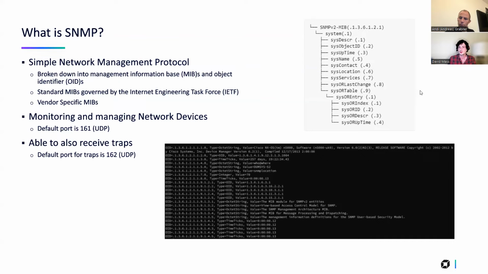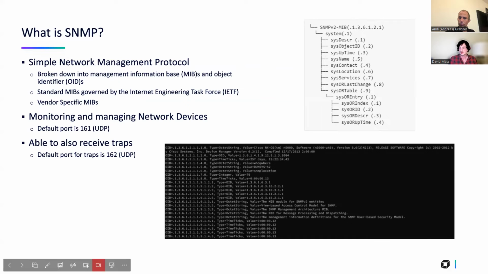With everything that we've looked at previously, there's just been one instance of those OIDs. So there's only one system description or one system name. But in this example, we could have one or more indexes, and thus one or more OR descriptions or uptimes.